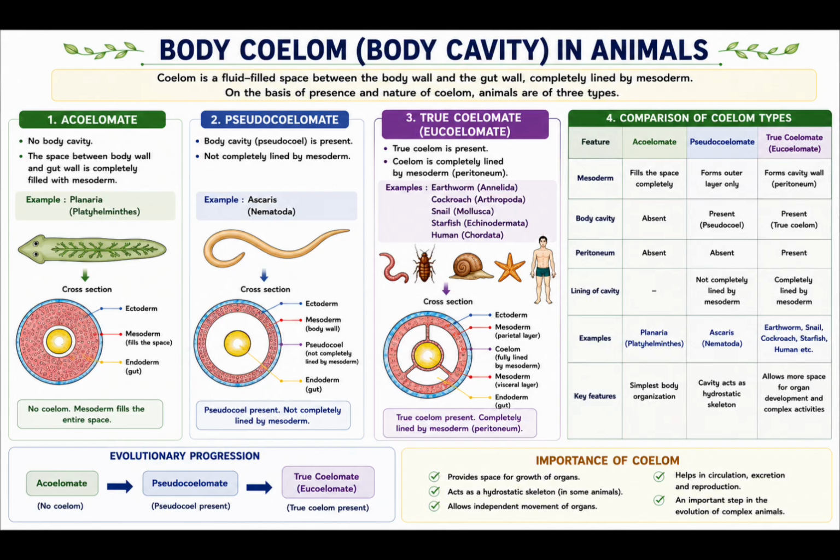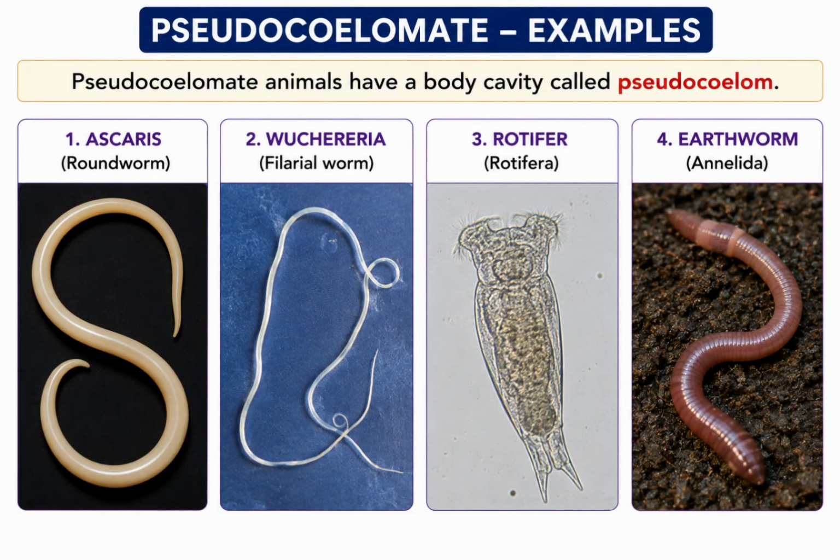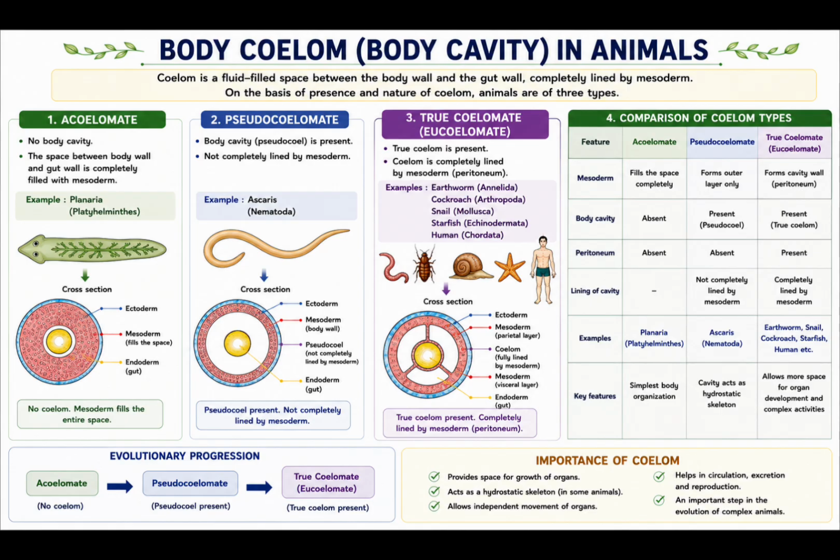And then the second category is pseudocoelomate. Pseudo means false. So false coelom, it means the body cavity is present but not completely lined by mesoderm. Examples are roundworm, Ascaris, Wuchereria, all coming under the Nematohelminthes. Then the last main category is eucoelomate. It means true coelom. Here the body cavity is completely lined by mesoderm.